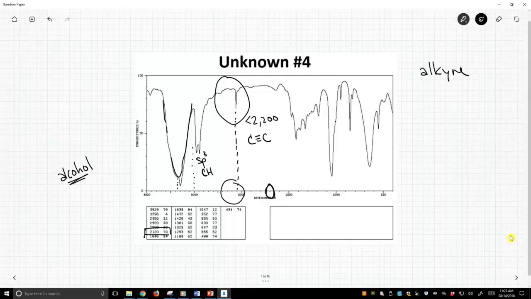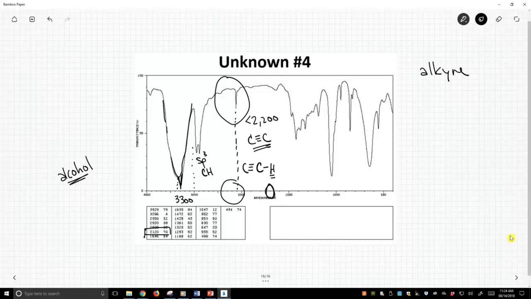One other thing I'll note is that this isn't a simple alcohol. It's got this pointy thing on the end. What is that pointy thing? Well, with an alkyne and a sharper peak around 3300, which is this tip here, this looks like the CH off of our alkyne.